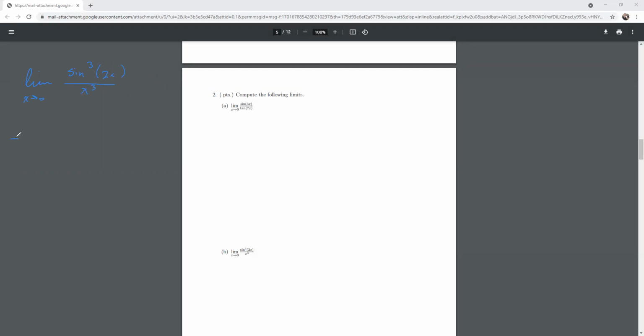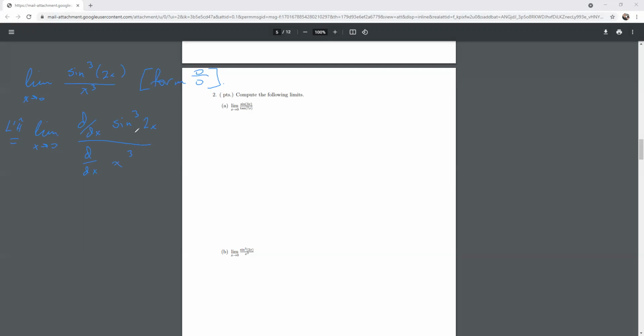Take the derivative. So limit as x approaches 0, d/dx of sine cubed 2x over d/dx of x cubed. And do note this is form 0 over 0.